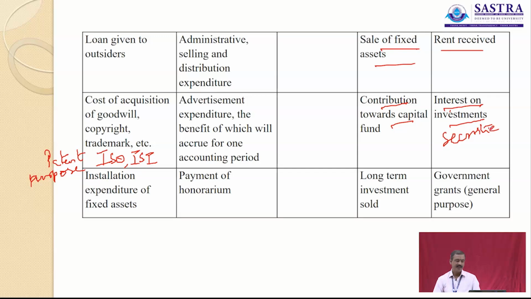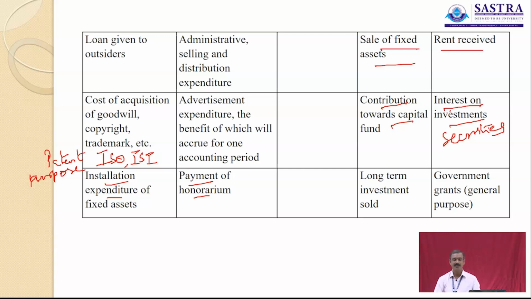Obviously, the installation expenditure of fixed assets may be known as the capital expenditure, as we saw earlier. Payment of honorarium or any kind of benefit which is paid to others for any kind of activity will be known as revenue expenditure.